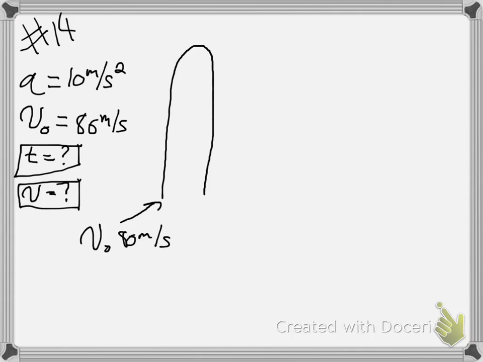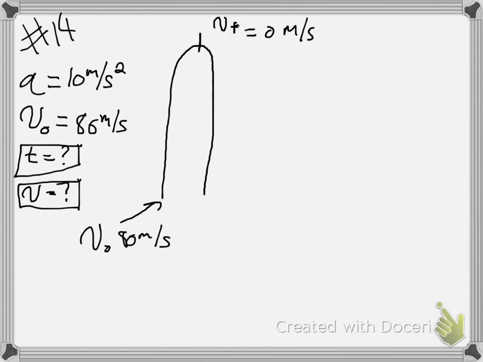It's going to continue going up, and then when it turns around for just a snapshot in time, its velocity will be zero. Velocity final equals 0 meters per second at the very top. That's where it runs out of speed.